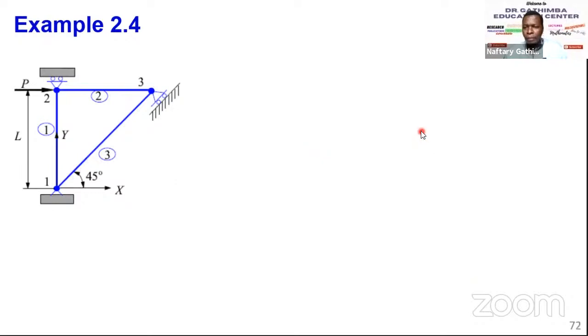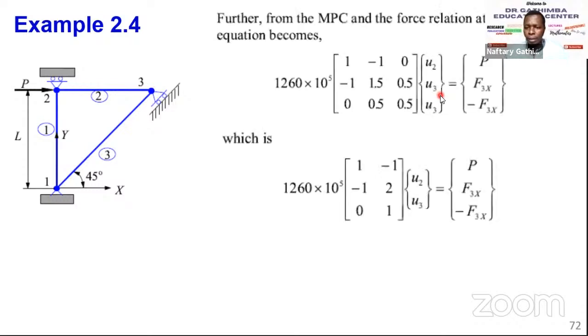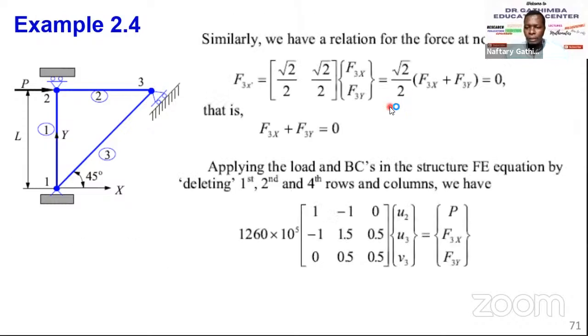It will simplify our equation. So F3y is negative F3x. And remember, the same case for U2, U3.